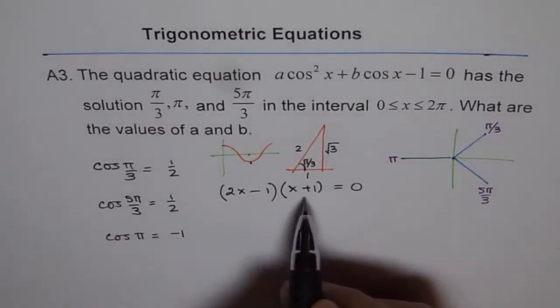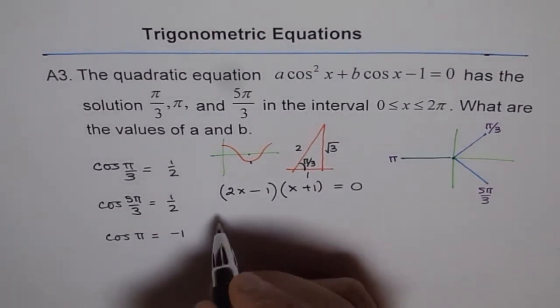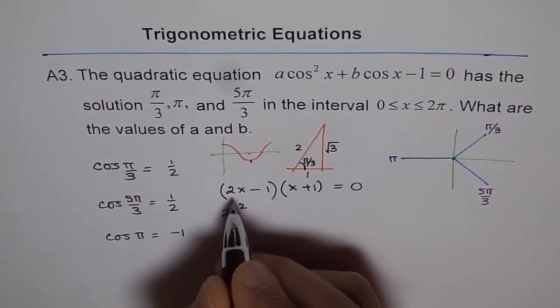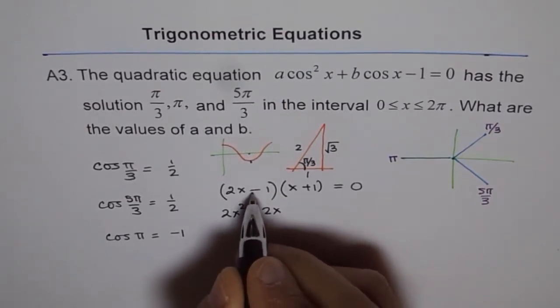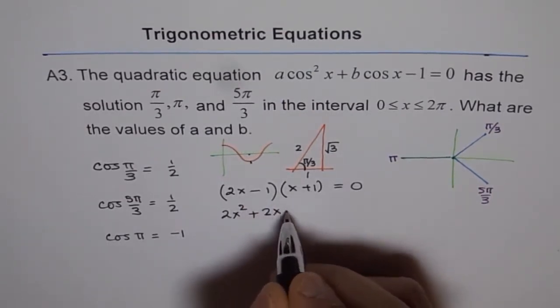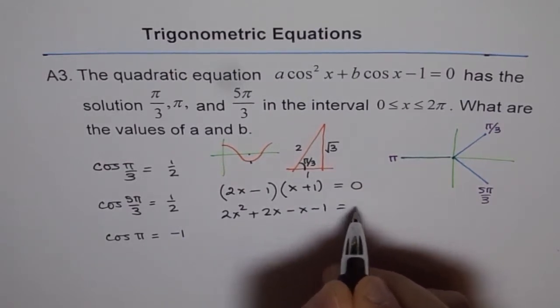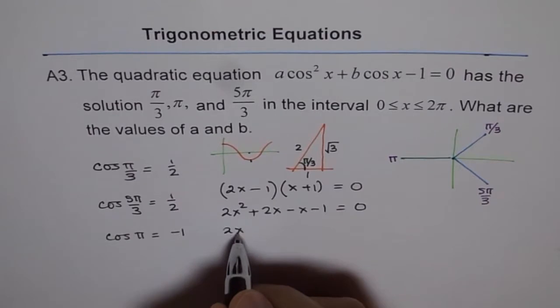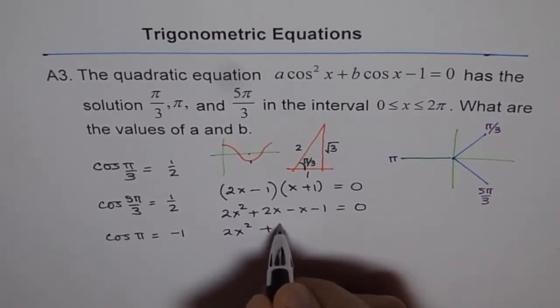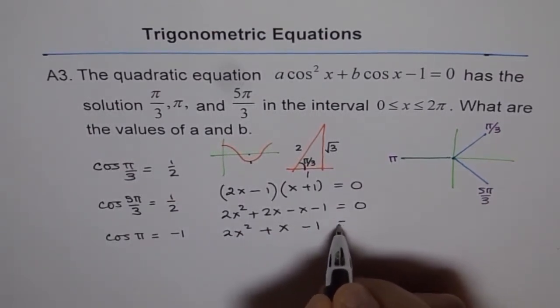When I expand this, 2x times x is 2x squared, 2x times plus 1 is 2x, and multiplying by minus 1 gives negative terms. Combining the two terms, we get 2x squared plus x minus 1 equals 0.